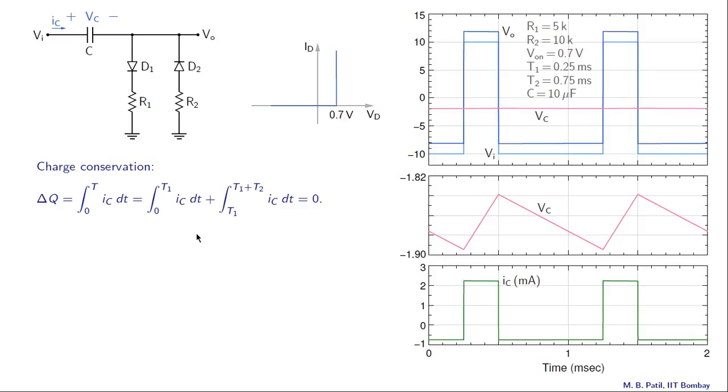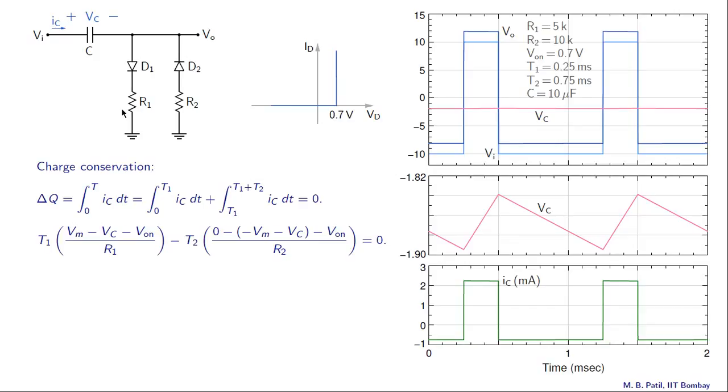Okay, so next, what is Ic in this interval? It is plus Vm minus Vc and minus Von, the voltage drop across the diode, and that divided by R1.